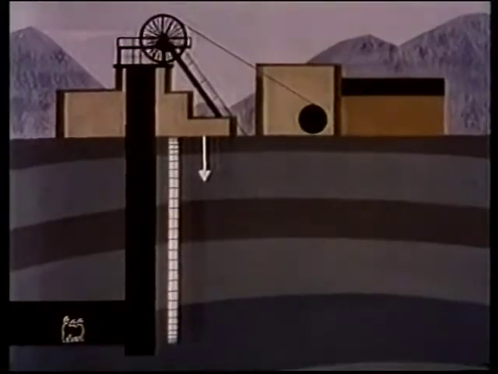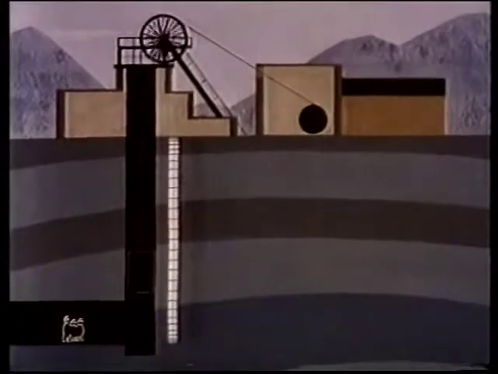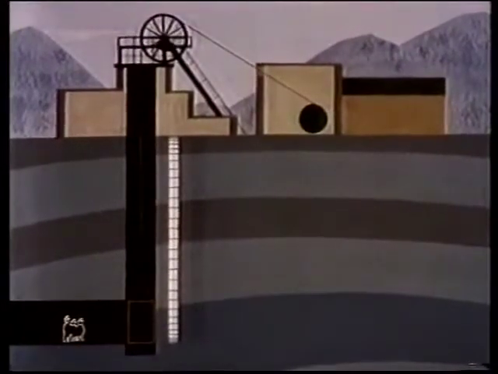During the cycle, the cage undergoes acceleration, constant velocity motion, and retardation in one direction or another.